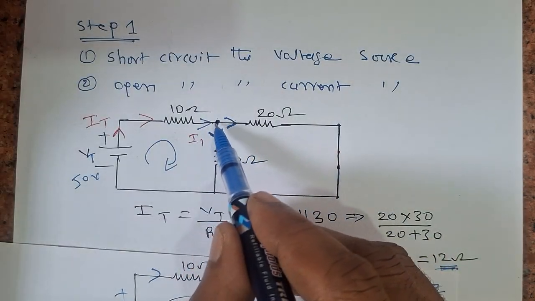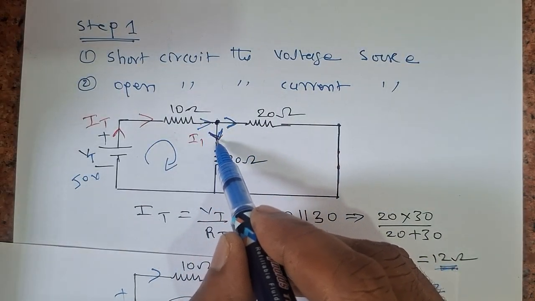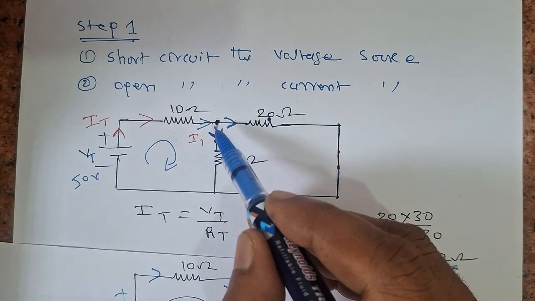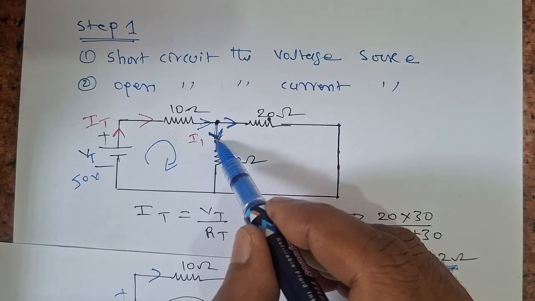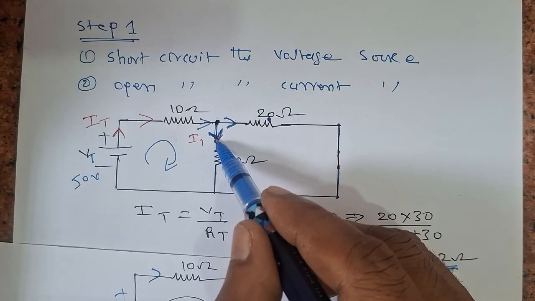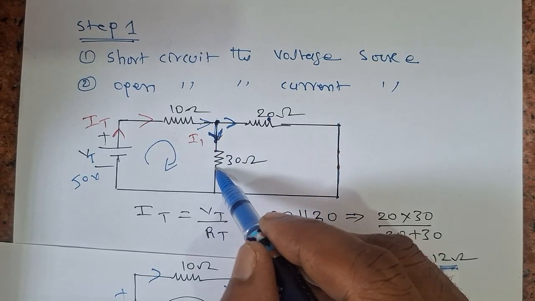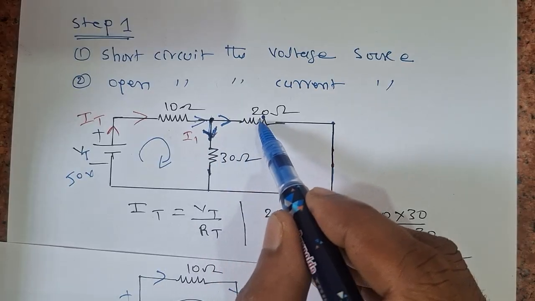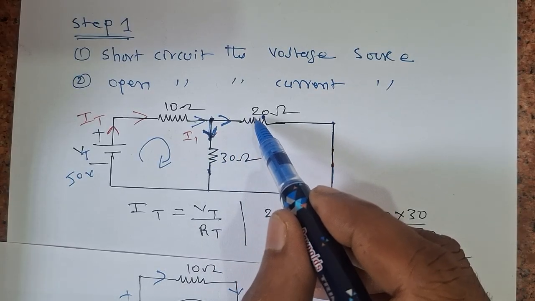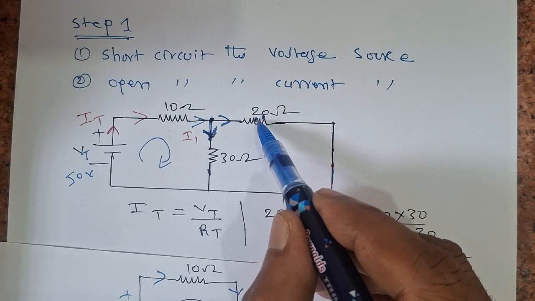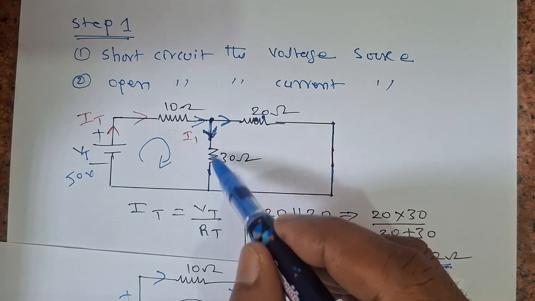The current is coming like this, and for this branch, 20 ohms is the opposite resistance. Wherever you are finding the current in a branch, you take the opposite branch resistance. We are finding the current here, so this is the opposite branch.